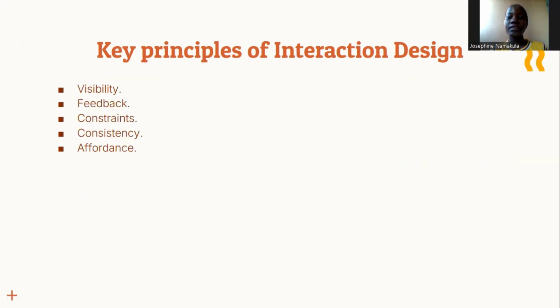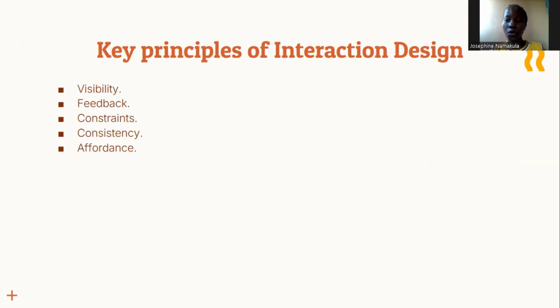We have visibility, where important functions should be visible and easily accessible to users, making it clear what actions are possible. For example, buttons and menus should be easy to find and understand. There is feedback.